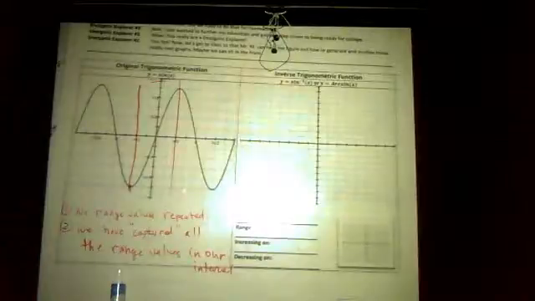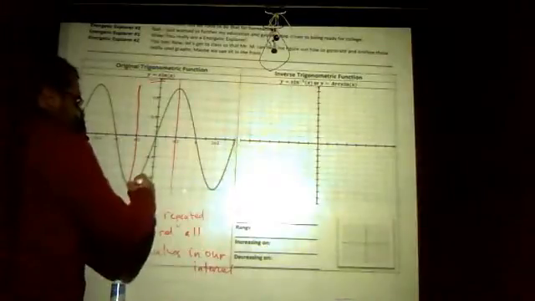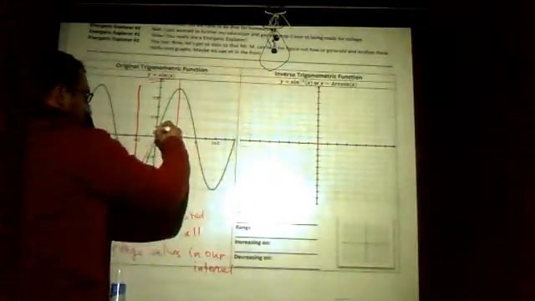So since we are looking for the inverse, whenever we restrict this domain, you might be asking yourself, how in the heck am I going to graph the inverse? Well, the only thing that you have to do, if you remember, to graph the inverse of any function is reflect it over the line y is equal to x.